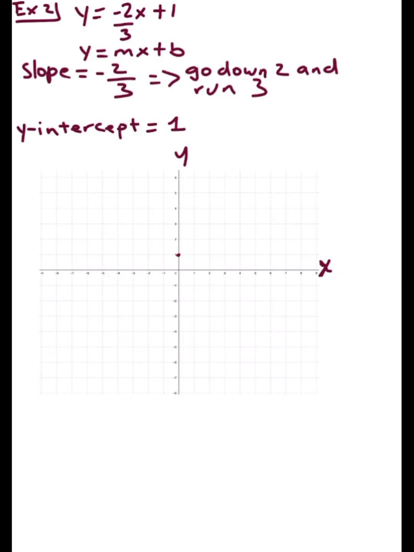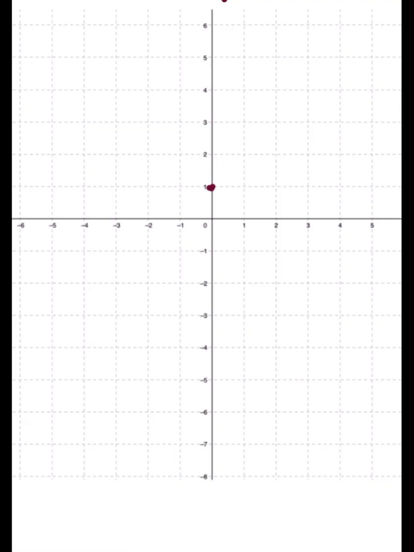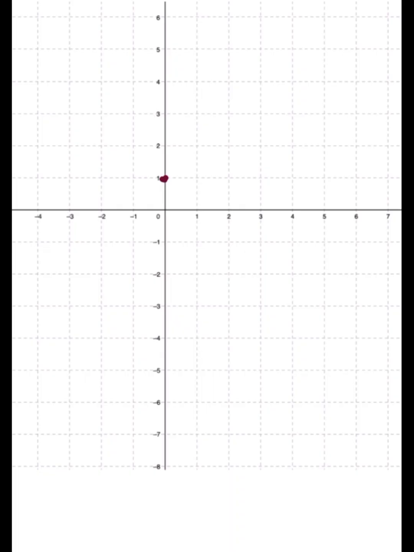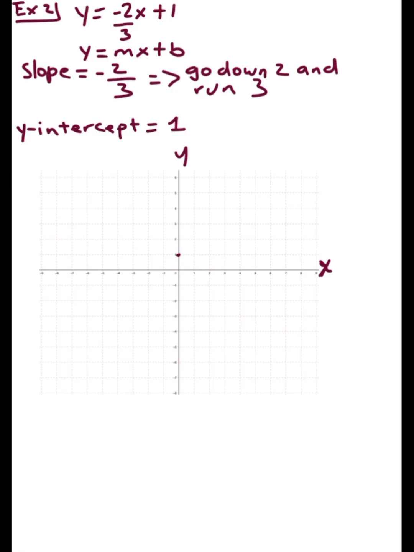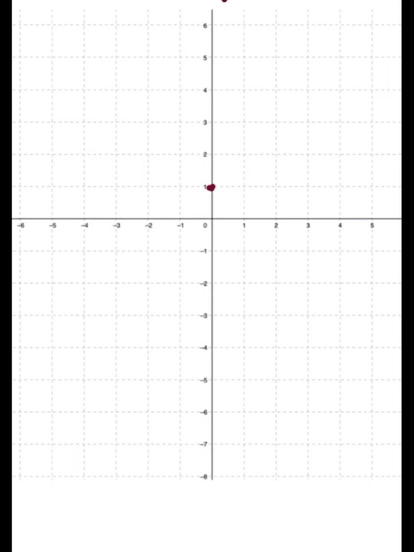And for the y-intercept, think of the word intercept as a football term. Like when you're watching football and somebody intercepts the ball, that means that they kind of hit the guy to get the ball, right? It's a direct hit. So on your graph, hit that point on the y-axis. The point has to touch the y-axis. So for us, our y-intercept was 1, which means that we touched the point exactly at 1.